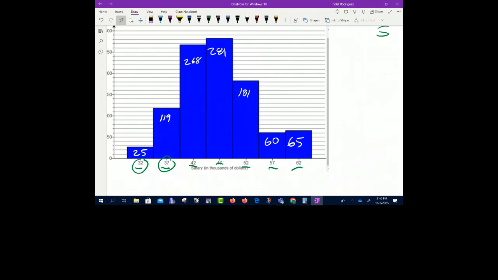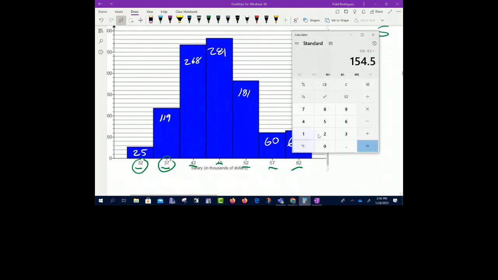What I want to do now is let's figure out what is the total number of numbers that we had here. What I mean by that, my friends, let's add up each of those bars. So look, 25, 119, okay, 268, 281, okay, 181, okay, and then 60, and then 65.